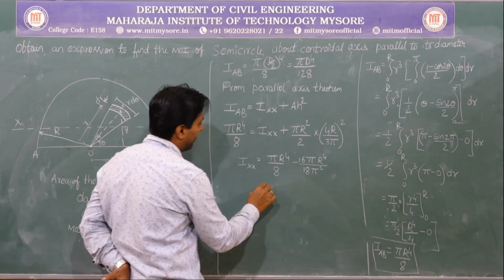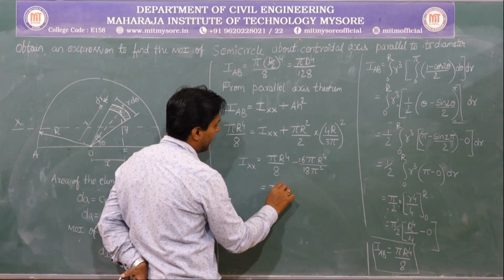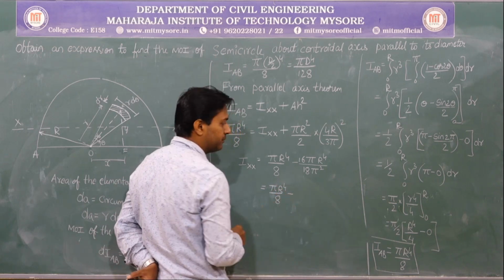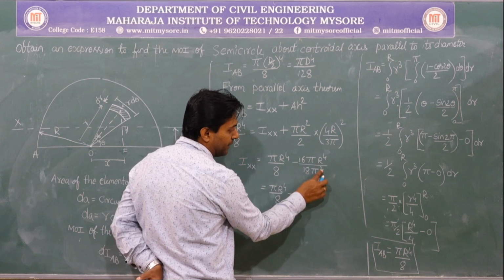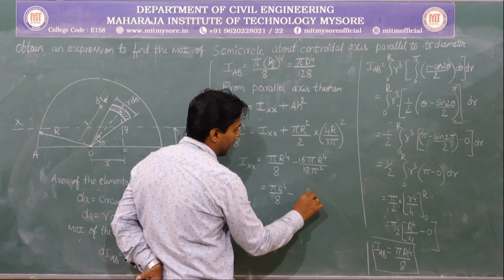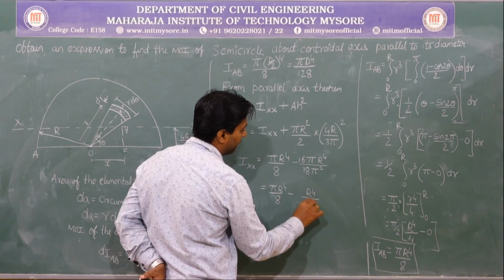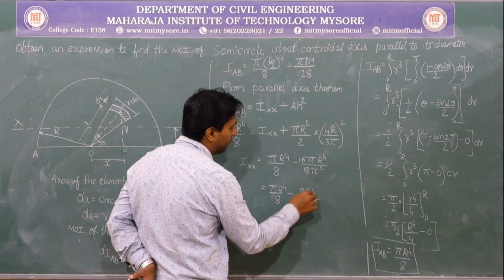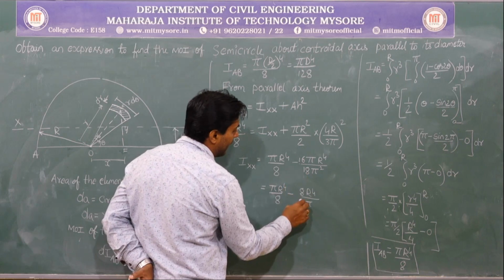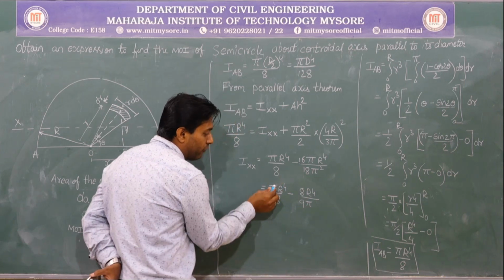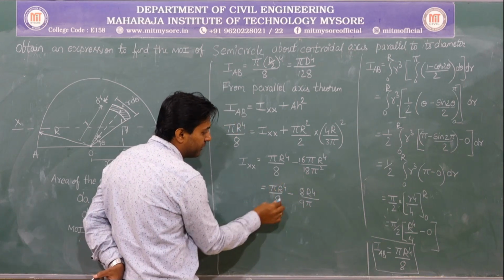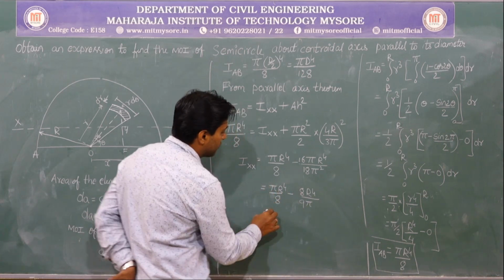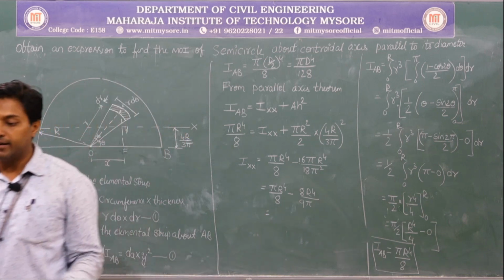So finally, can I say it like this? It is pi r4 by 8 minus, so pi and pi square get cancelled, it is r4 by pi, or else can I say that this is 8r4 divided by 9 pi. So I want you people to just check this particular value, pi by 8 and 8 by 9 pi. So what is the value finally? You are getting it.